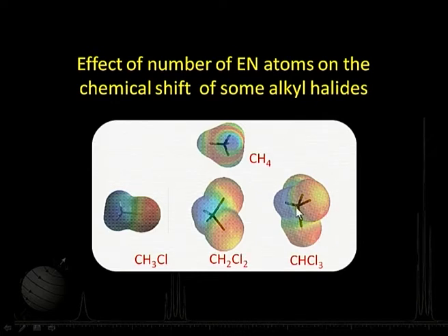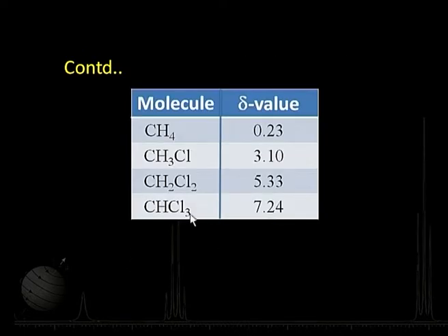As a consequence, if I look at the delta values of these protons, for CH4 it is coming at 0.23, which is the base value here. For CH3Cl it is 3.10, which means that just the introduction of 1 chlorine atom has shifted it by almost 2.8 ppm. With 2 chlorine atoms it becomes still larger, and with 3 it becomes much larger.